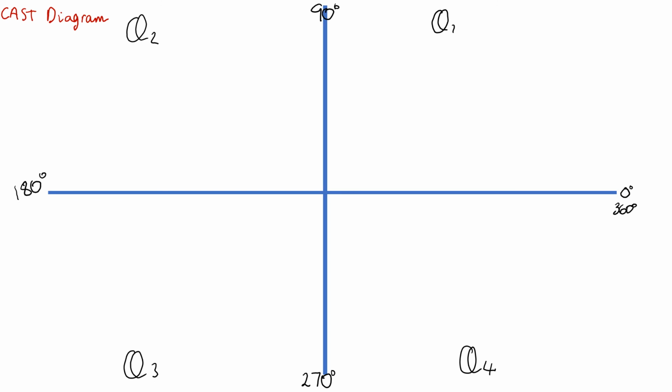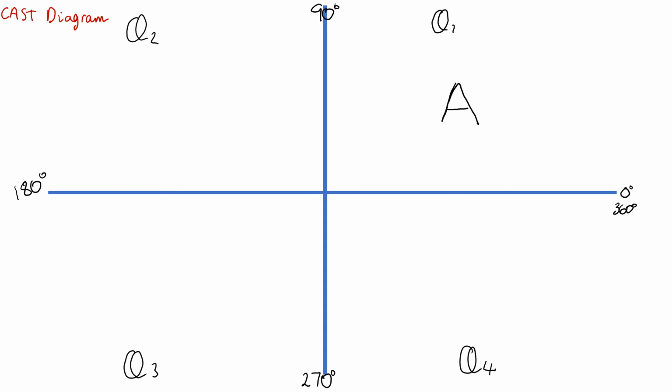If we think back to the table that we've just noted down, in quadrant 1, sine, cos and tan were all positive. So instead of writing all, we just write A. A stands for all. I'll maybe write this a wee bit clearer later on. In quadrant 2, only sine was positive. Cos and tan were negative.